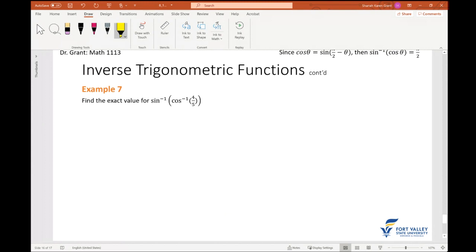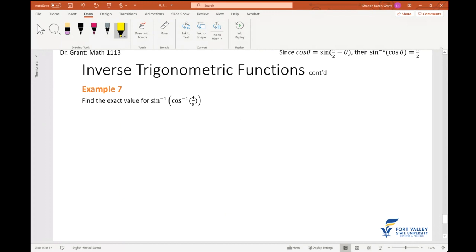What about this one? We want an exact value for sine of cosine inverse of 4/5. Okay, so now in this problem, we can utilize our Pythagorean theorem and a right triangle.